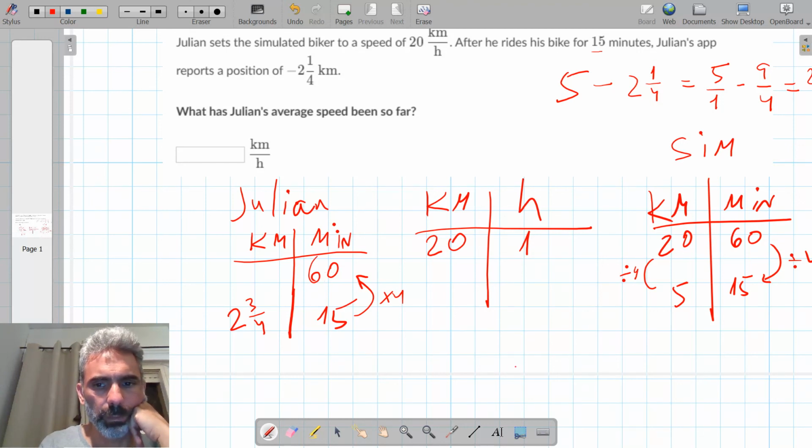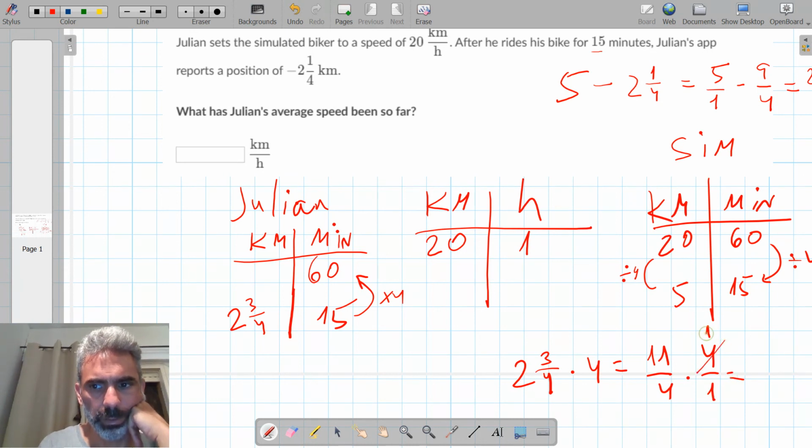So 2 3/4 times 4. 4 times 2 is 8, 8 plus 3 is 11, 11/4 times 4/1.